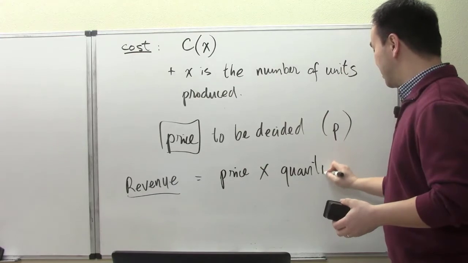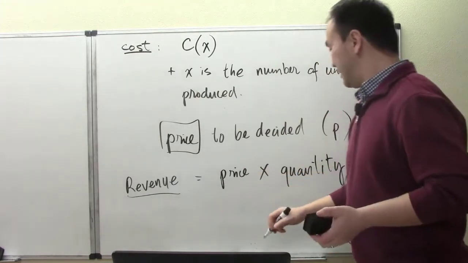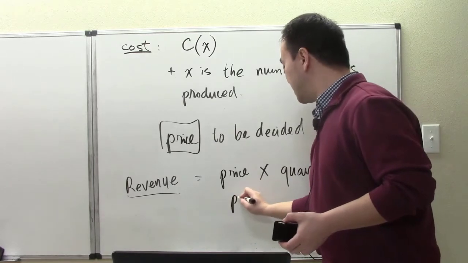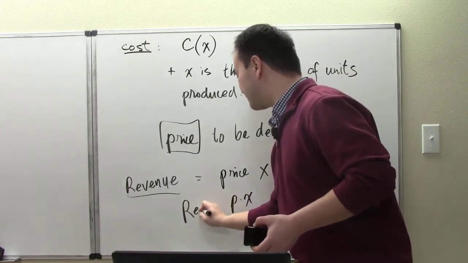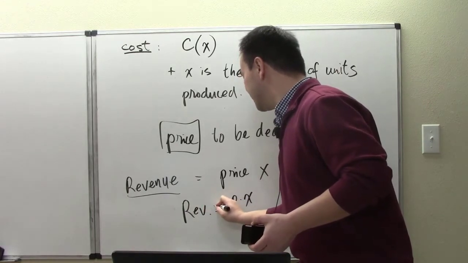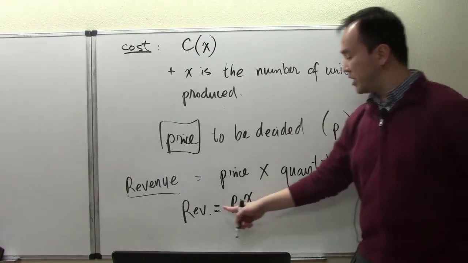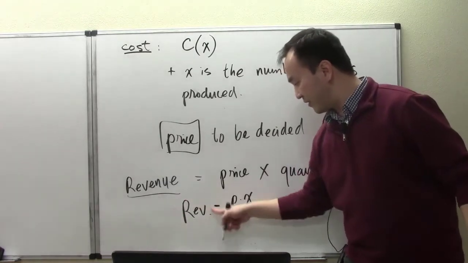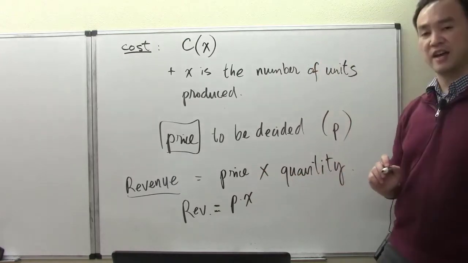So price times quantity, and that's your revenue. Namely, it's p times x. That's the most fundamental relationship between how revenue is related with the price that you decided and the quantity as the x variable.